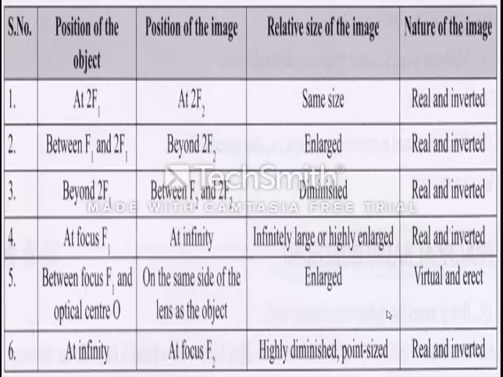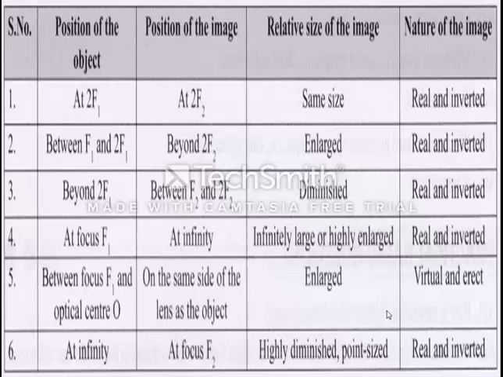Because a virtual image is formed in a convex lens also, and in a concave lens also. By seeing the size of the image: if the image size is smaller than the object, obviously concave lens, and if the image size is larger than the object size, it is convex lens.